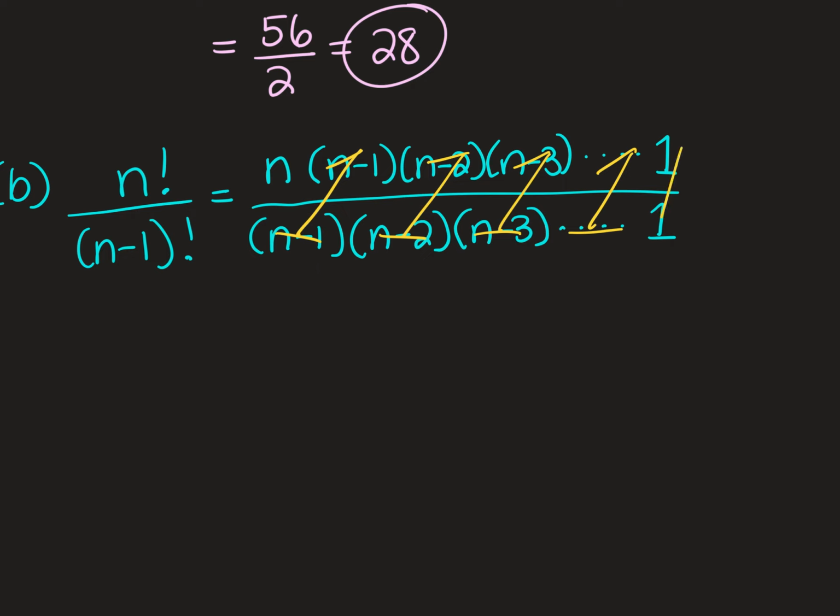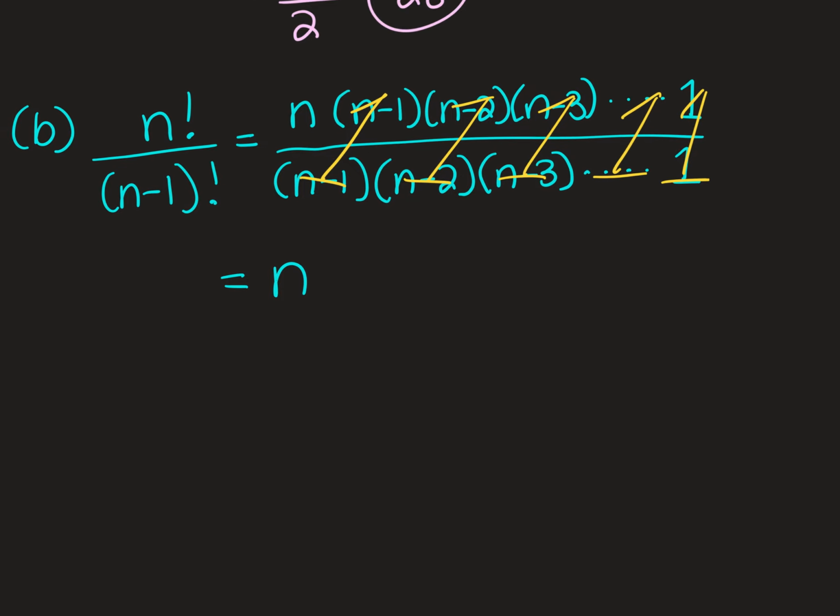So we have a whole bunch of n minus 1s, or n minus whatever, getting us down to 1. So the only thing that's left in this expression is what? n. If you recognize this happening, this is going to make simplifying these factorials super simple.